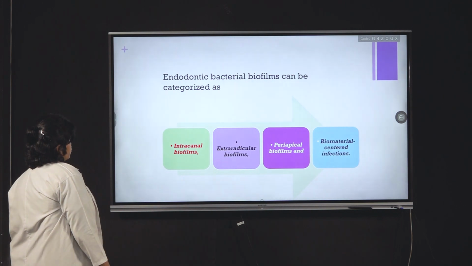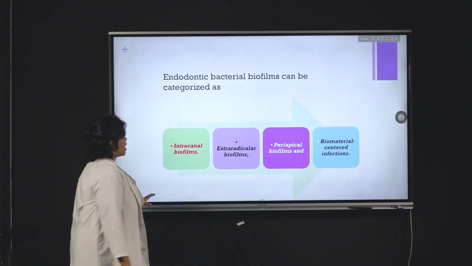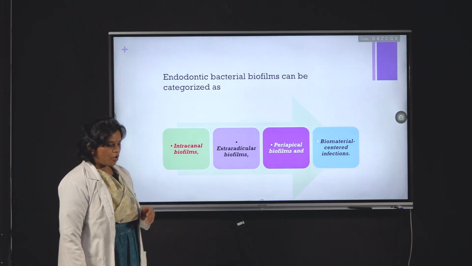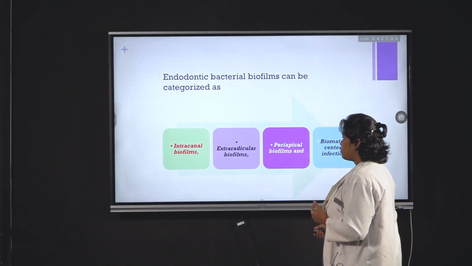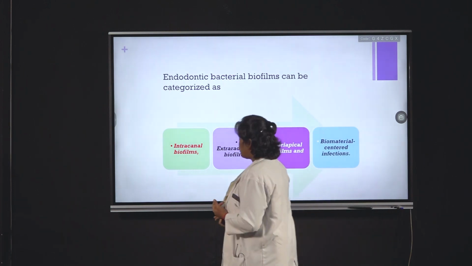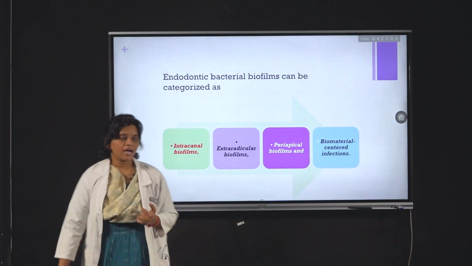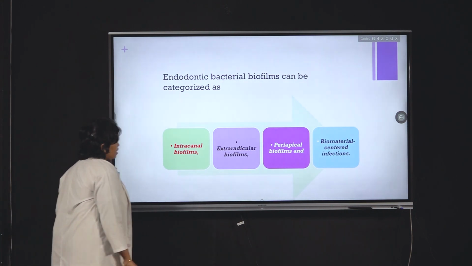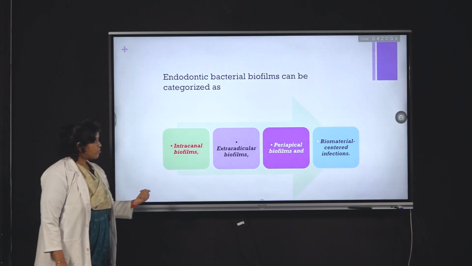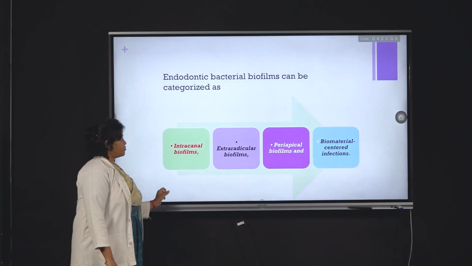Now these bacterial biofilms are also categorized into four different types depending on the location: intracanal biofilms, extraradicular biofilms, periapical biofilms, and biomaterial centered biofilms. Intracanal biofilms are the biofilms present exclusively within the canal.